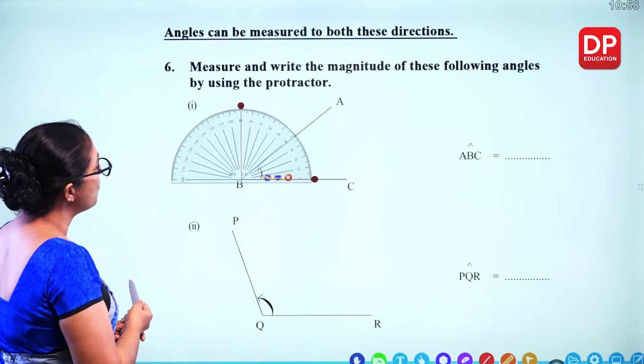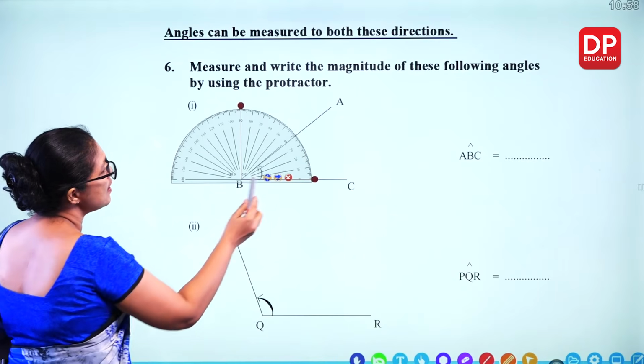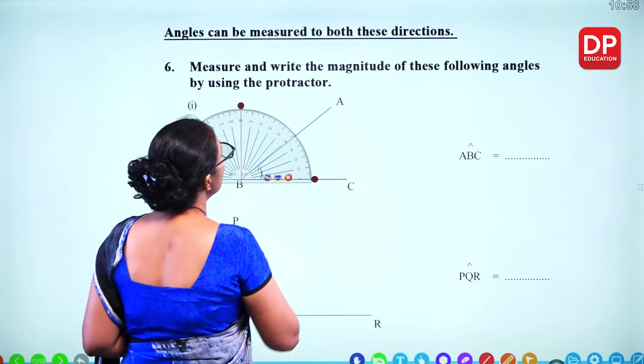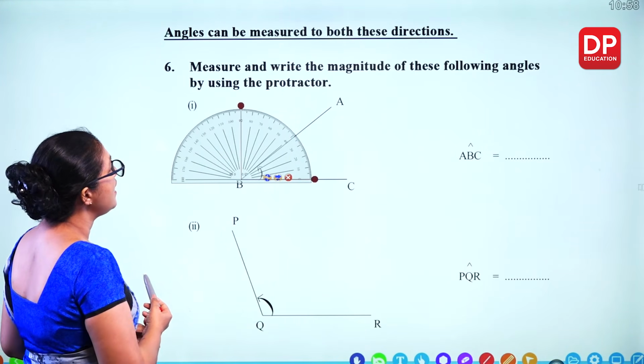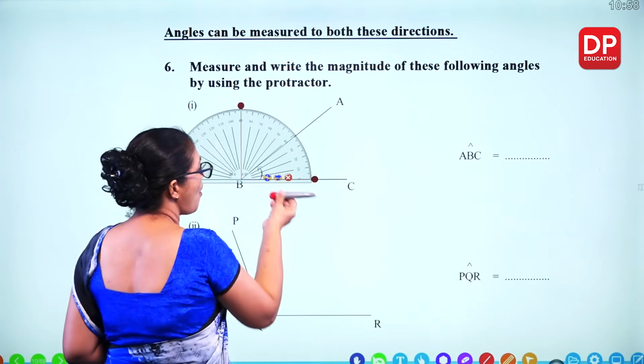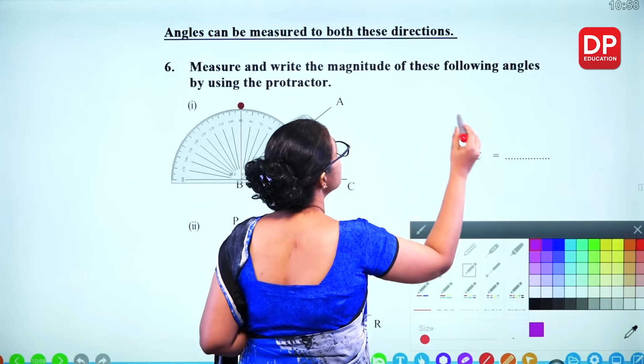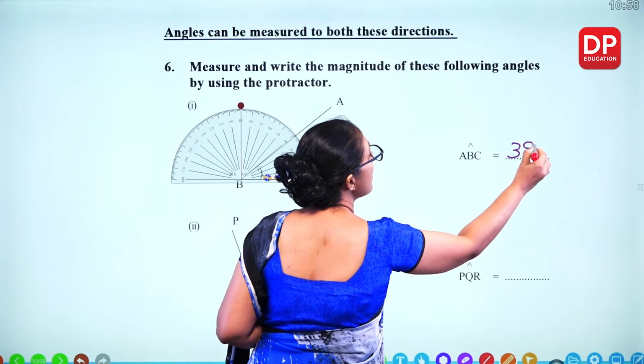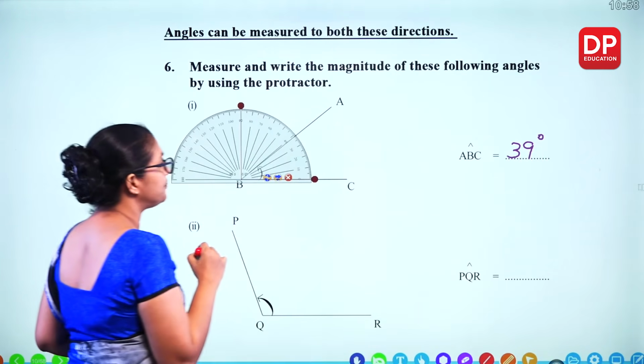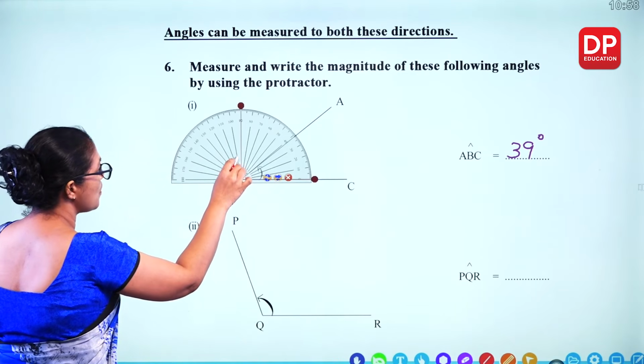So when you keep the protractor, we see from here that's 39 degrees from here to here. So I can write this one as 39 degrees. What about this one?